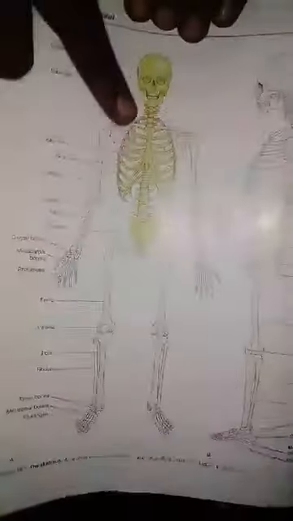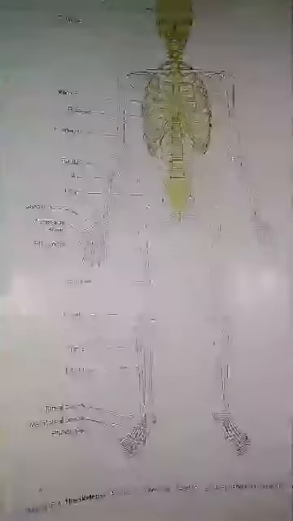I told you the axial skeleton consists of the skull, the sternum bone, which divides the ribs, and the ribs. The ribs are part of the axial skeleton, the skull, the sternum, those are all part of it.